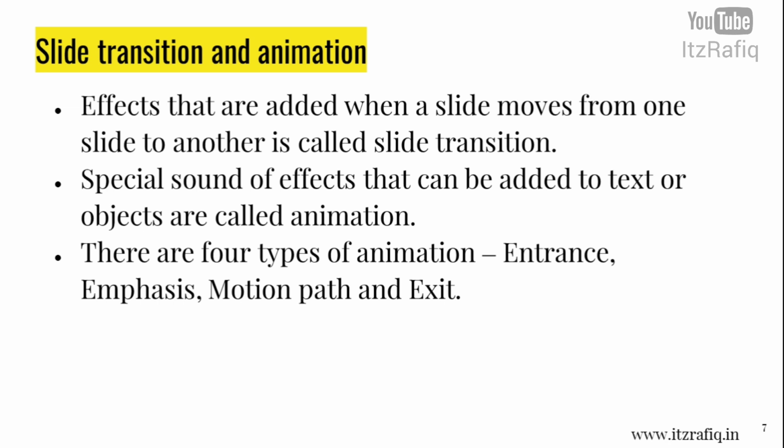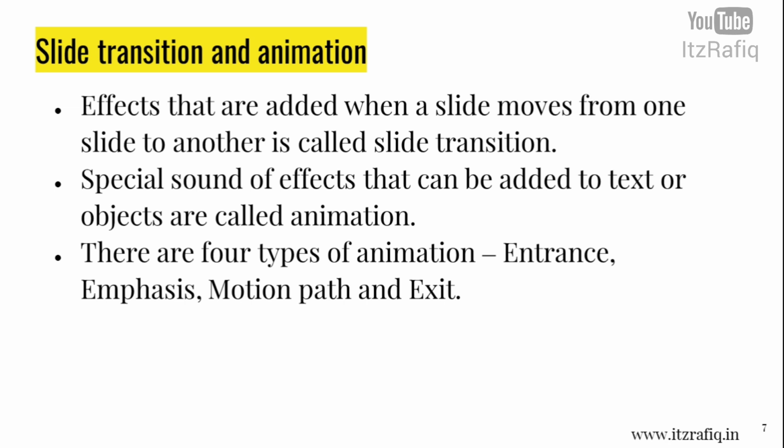Special sounds or effects that can be added to the text or objects are called animation. Animation can be of different types. Mainly 4 types are there in a presentation. Entrance means how the text or object will appear on the screen.